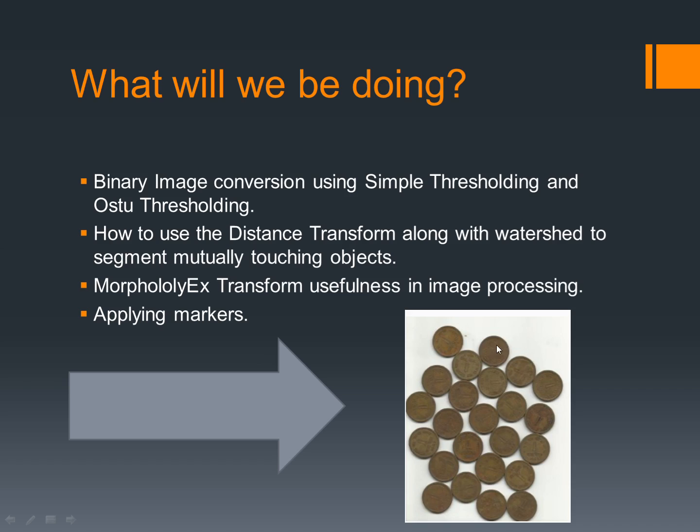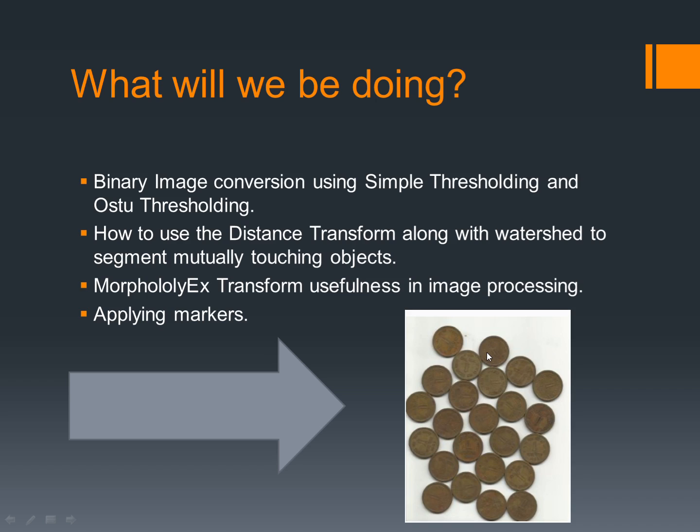So obviously we want this value to be marked differently, and we want this value to be marked differently. So if we do the binary conversion in this case, since the threshold value of this white is greater, it will be marked with white, and the threshold value of this is low, so this will be turned into black.